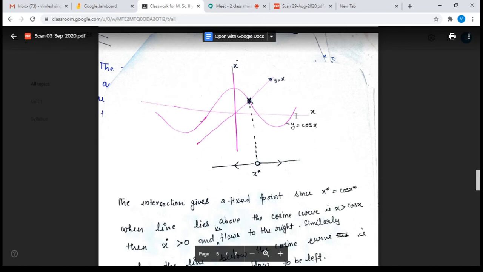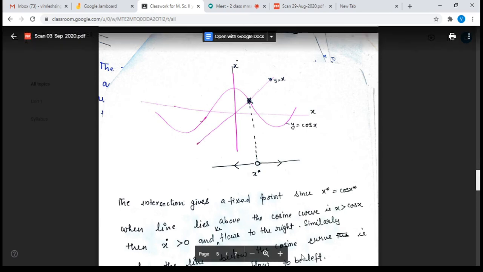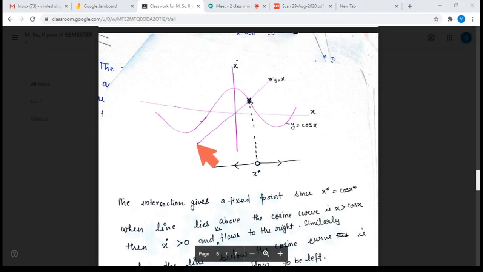This is the exact figure for that region. y equals x is a line, and y equals cos x is another graph. These two curves intersect at only one point, which is this point.